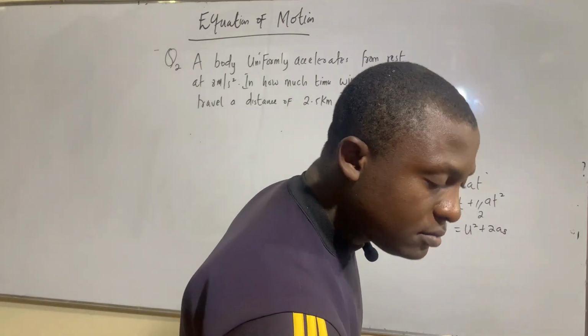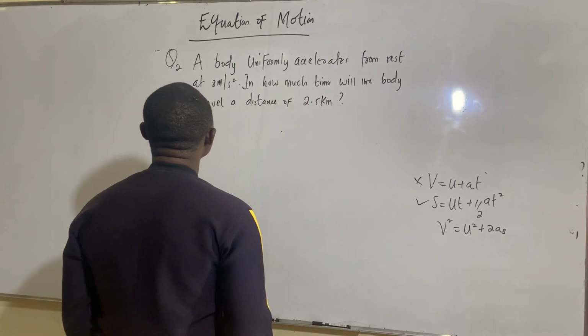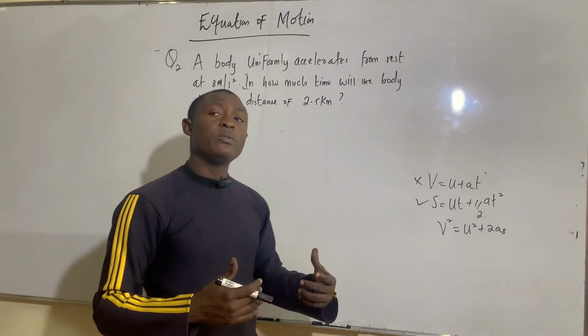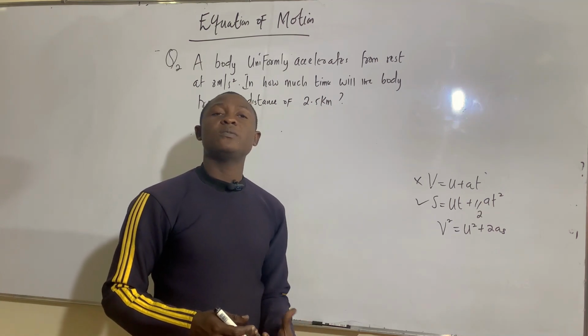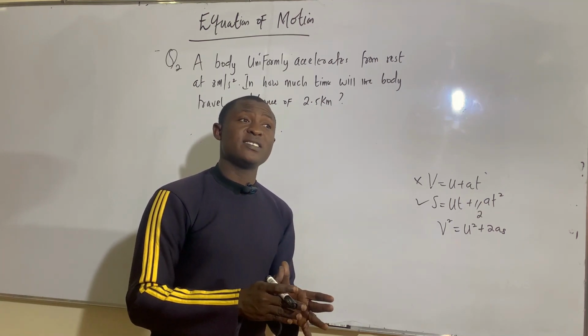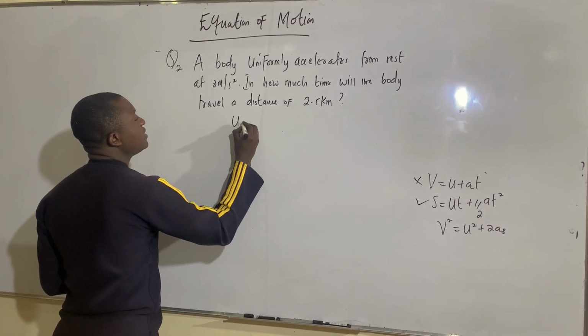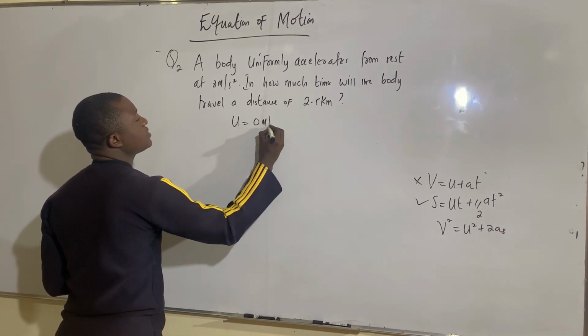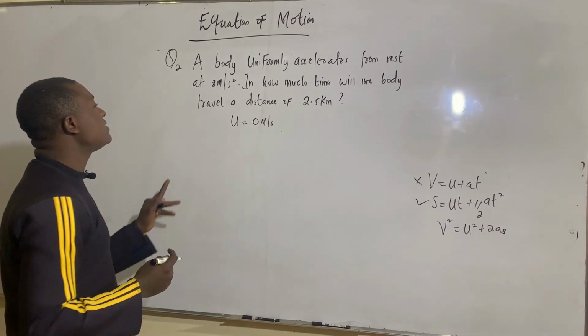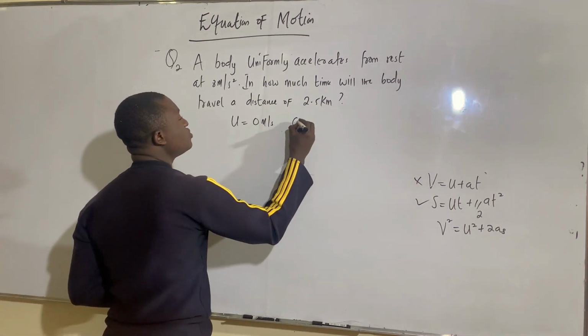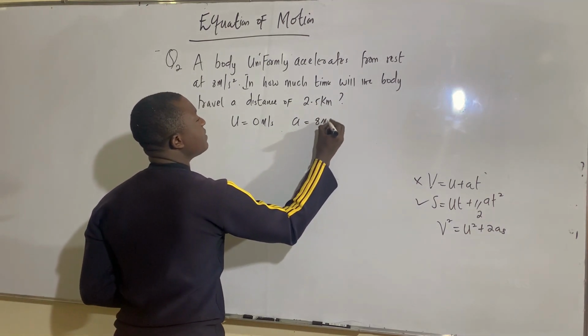Now, they said a body uniformly accelerates from rest. I told you, if an object or a body accelerates uniformly from rest, it means our u must be what? Must be 0. Fine. So our u is equal to 0 meters per second. At 8 meters per second squared, that means we are given acceleration to be 8 meters per second squared.